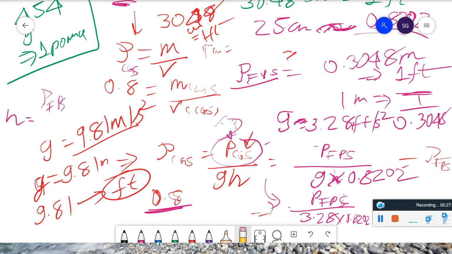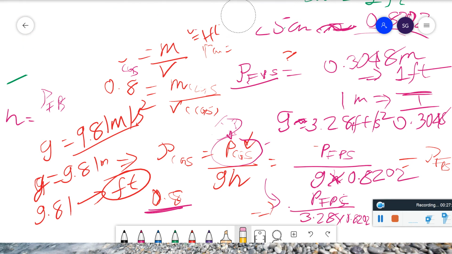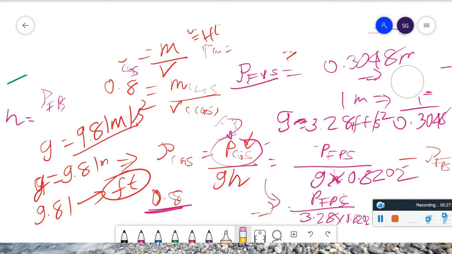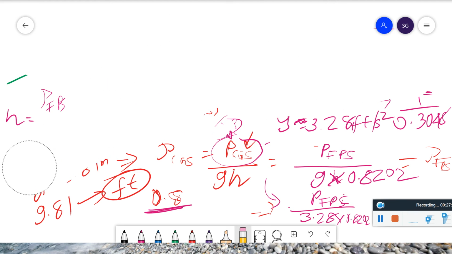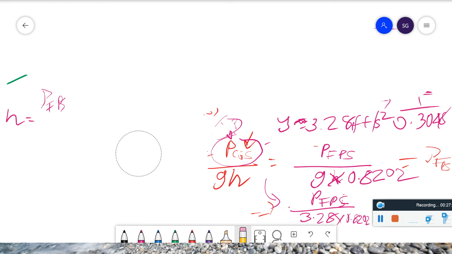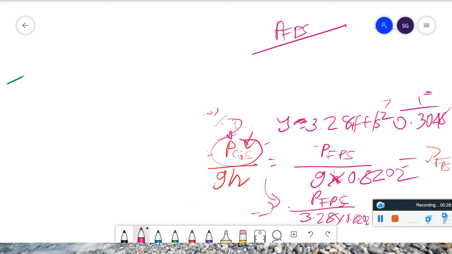Wait, I will just clear it off because it has created a lot of confusion. It's getting dirty, so I have cleared it off. I've just got it. So it will be PFPS.